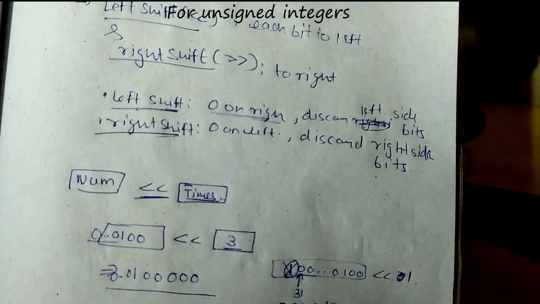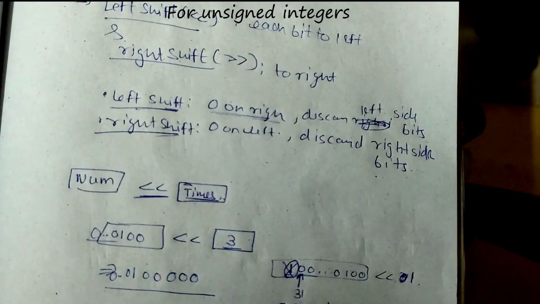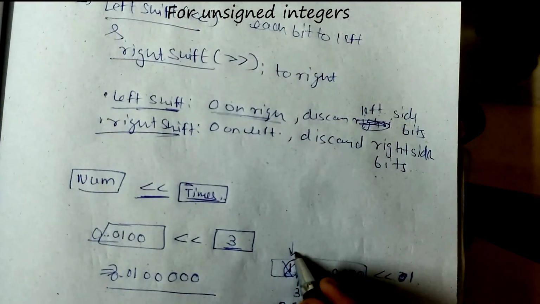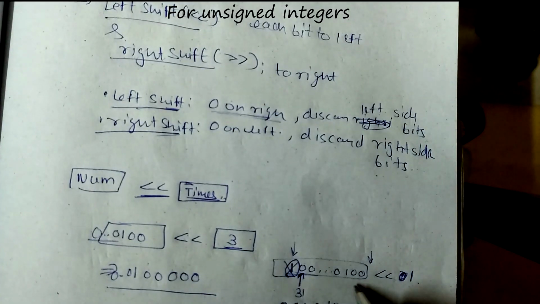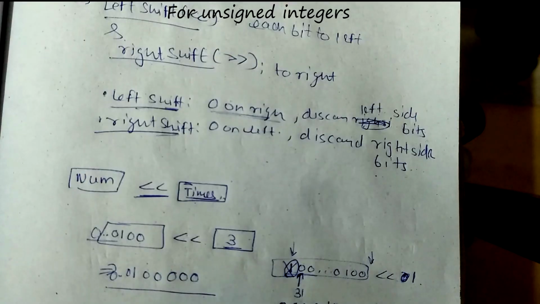And 1 extra 0 will be added here. So discarding this bit and adding a 0 here just has the same effect as shifting everything to the left.